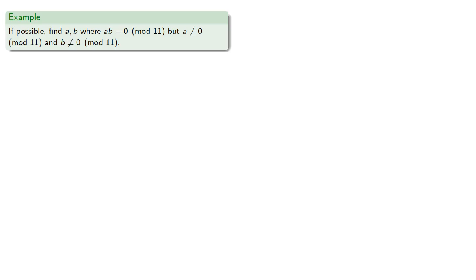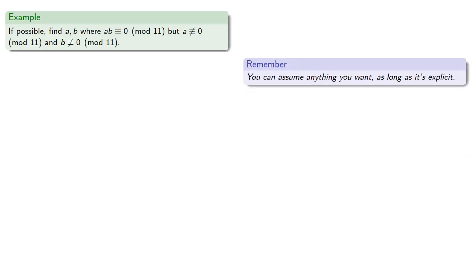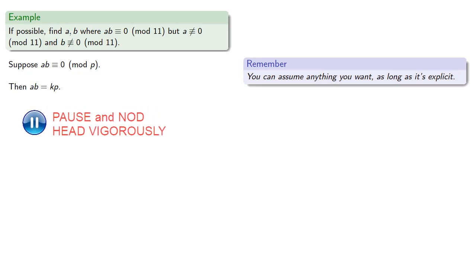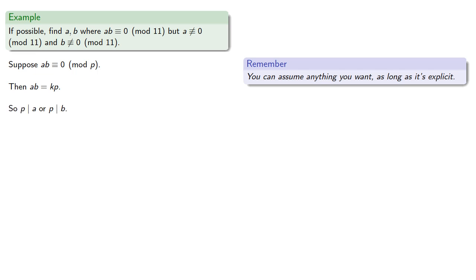For example, if possible, let's try to find two numbers whose product is 0 mod 11, but neither one is 0. So remember, we can assume anything we want as long as it's explicit. So suppose the product is 0, then I know that the product is some multiple of p. So p, because it's a prime number, has to either divide a or b.